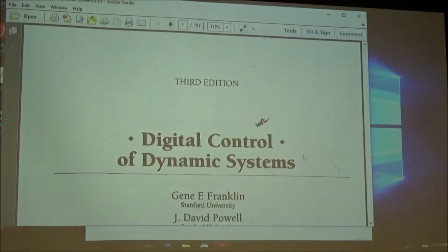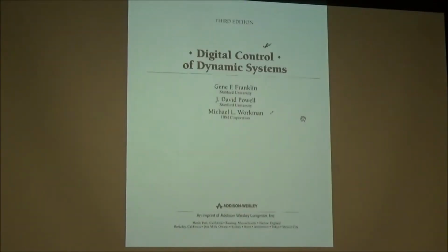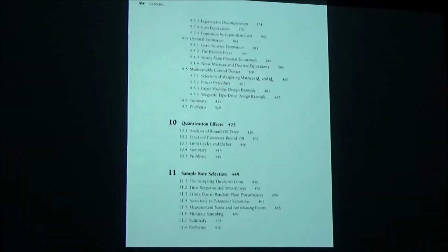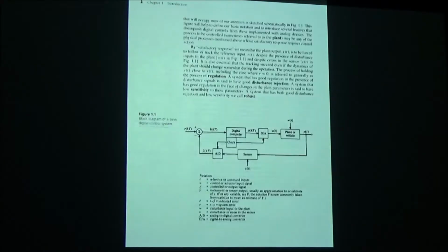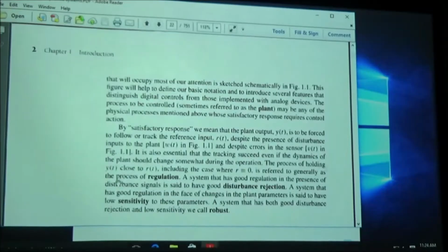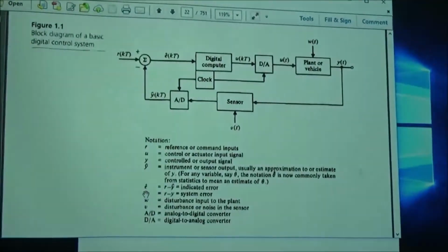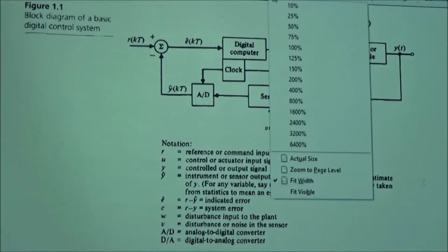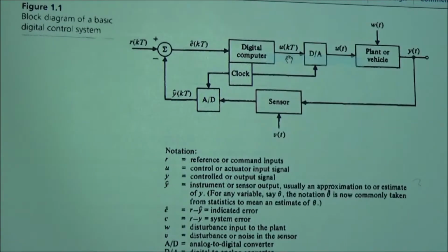And now, looking at this first book, let me go to chapter 1. As you will see here, this is a typical digital control system.